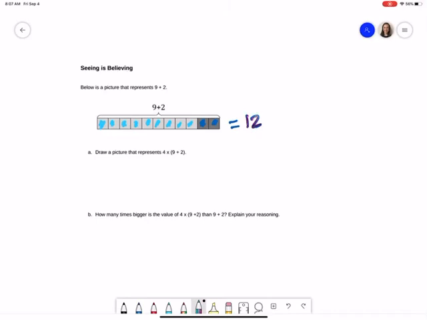Okay, so it's already given us what 9 plus 2 would look like. It's asking us to draw a picture that represents 4 times (9 plus 2). So what I want you to try is to come up with a picture that represents this. And then we will do it together.